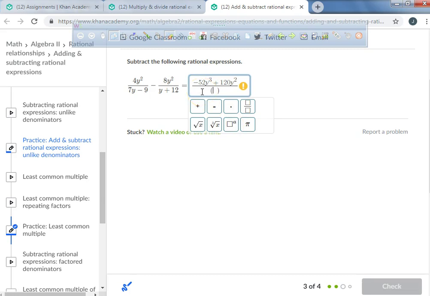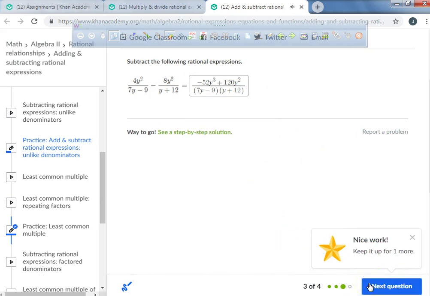And then what was our factored? We have just those two denominators: 7y minus 9, y plus 12. Man, I hope it's right. It's only an answer a mother could love, kind of ugly. So, hey, we got it right.